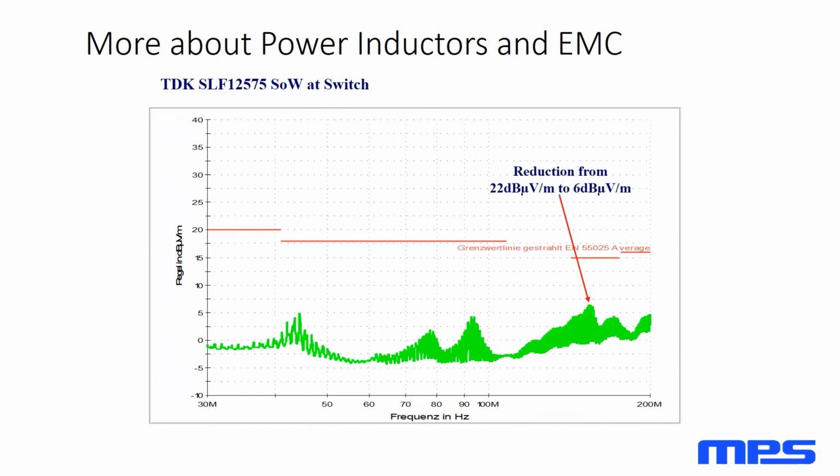Here, on a very particular power supply, we've got from 22 dBµV to 6 dBµV just from changing the inductor. So the construction of the inductors does play a very big part in coupling into other areas of the circuit.